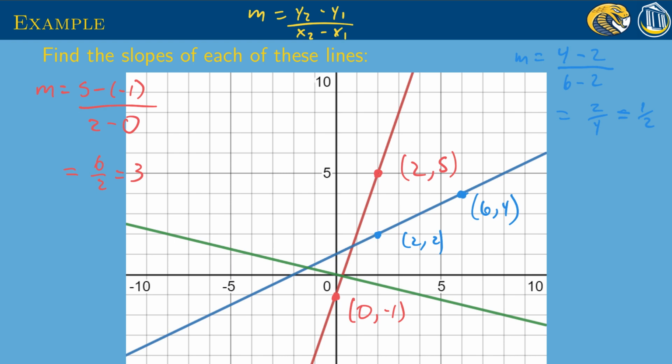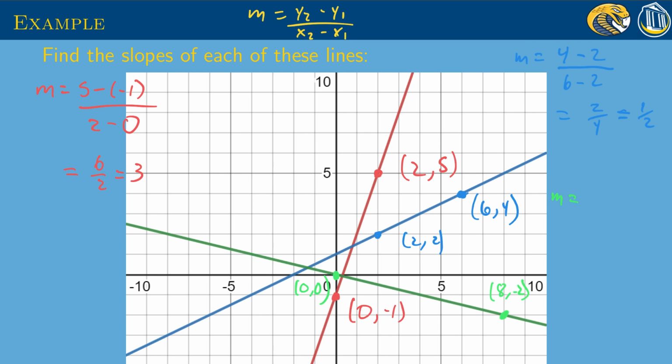Lastly, let's look at this green line. Let's go with this point here. This looks like it's 8, -2. And maybe we'll go with the origin here, 0, 0. Notice it doesn't matter what order we do this in. In fact, I'm going to do it backwards, so to speak.